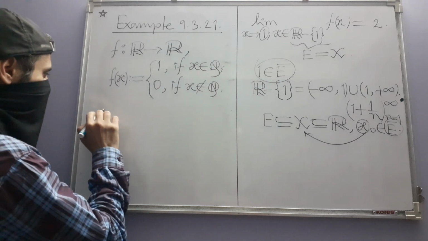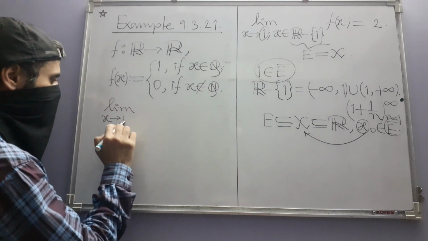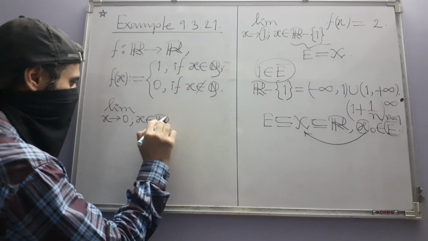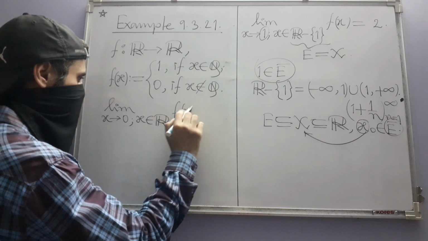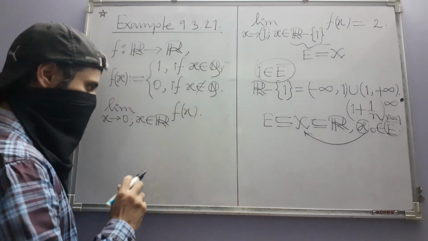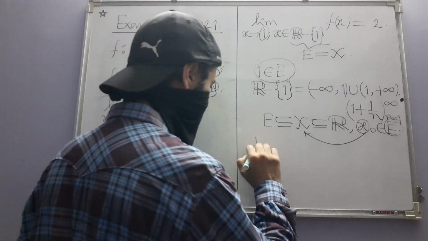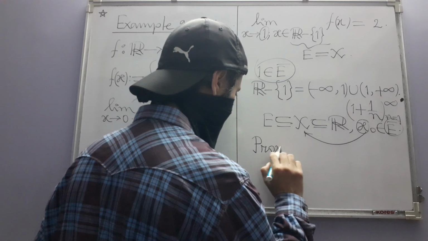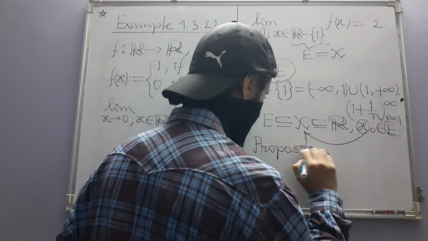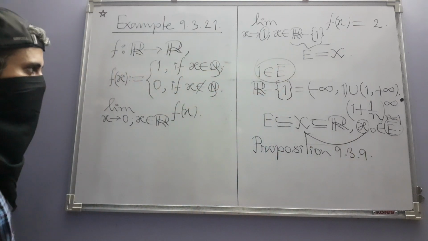And the author claims that this limit does not exist. To prove this, of course, we are going to take the help of proposition 939 again. That is the sequential formulation of limits.